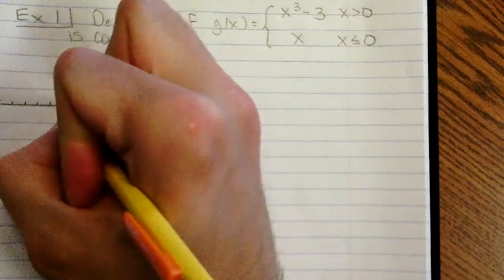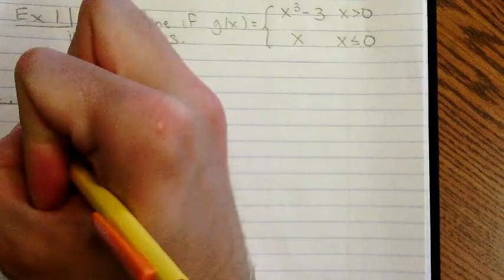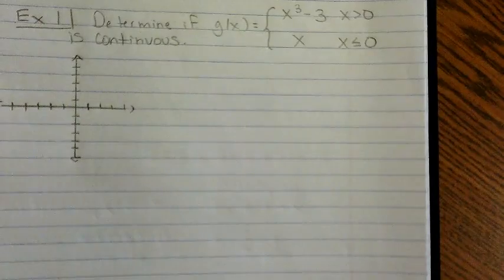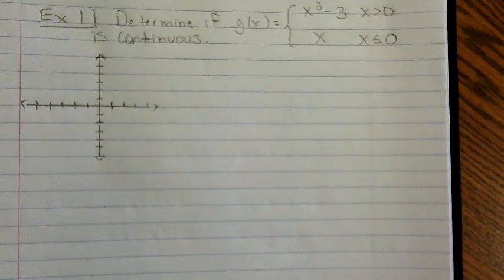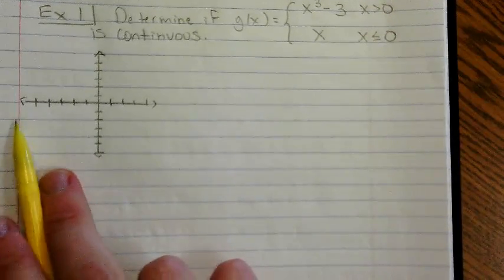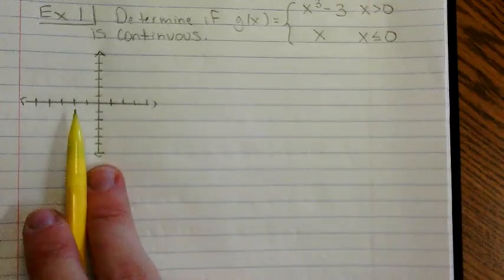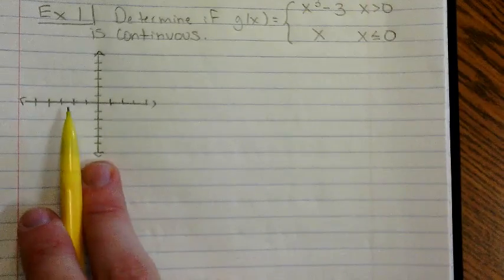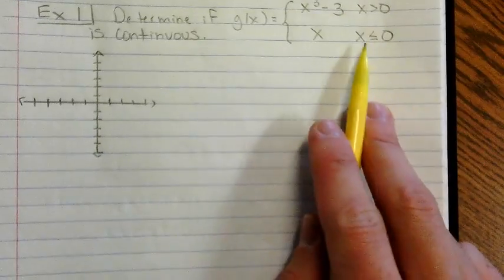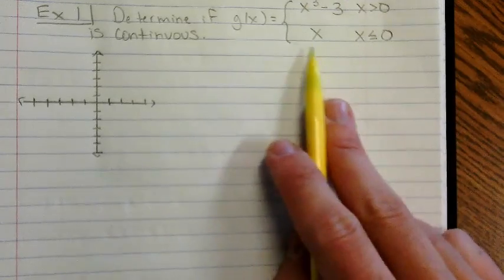All right. So this is how we graph this. Let's start on the left-hand side. The reason maybe we start on the left-hand side is because we have a part of the graph where x is less than or equal to 0.